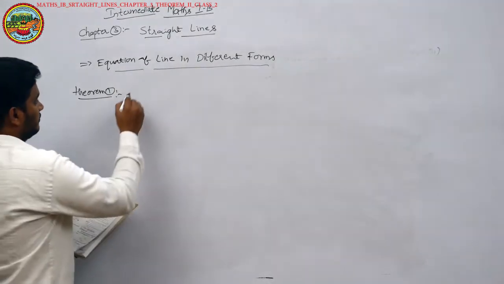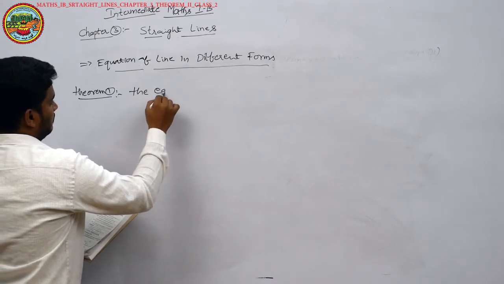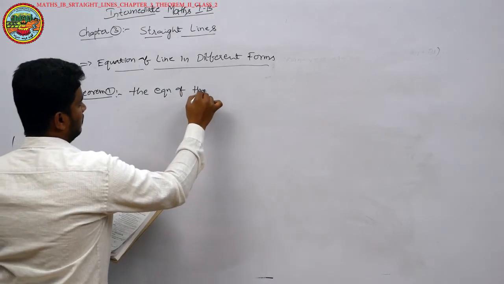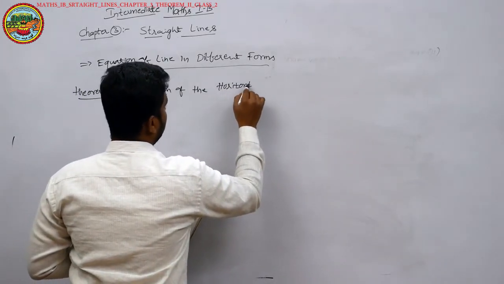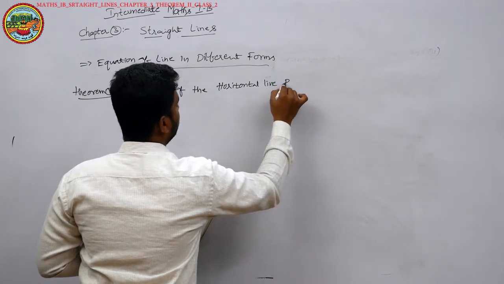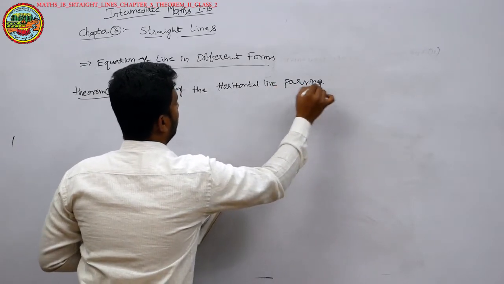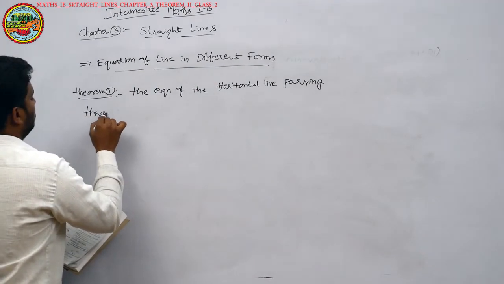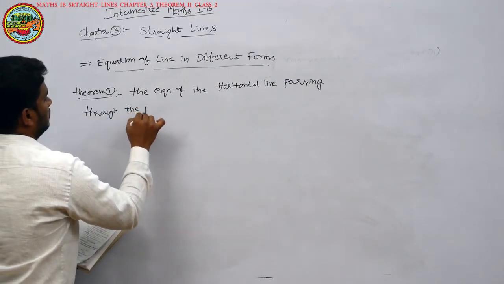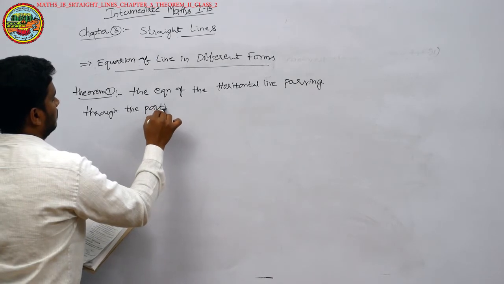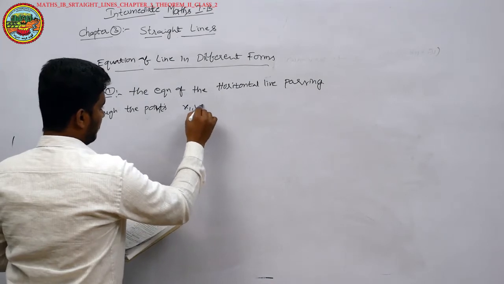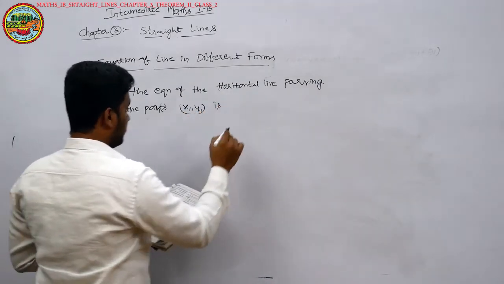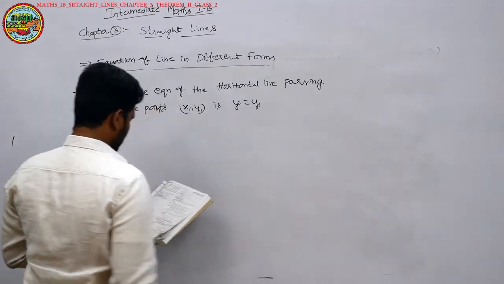The equation of the horizontal line passing through the point x1 comma y1 is y is equal to y1.